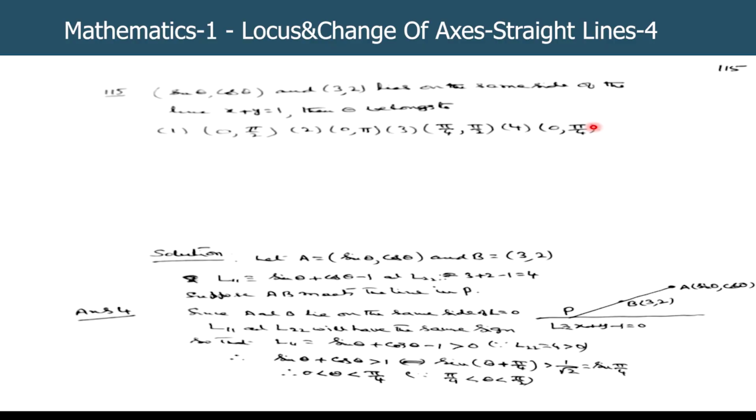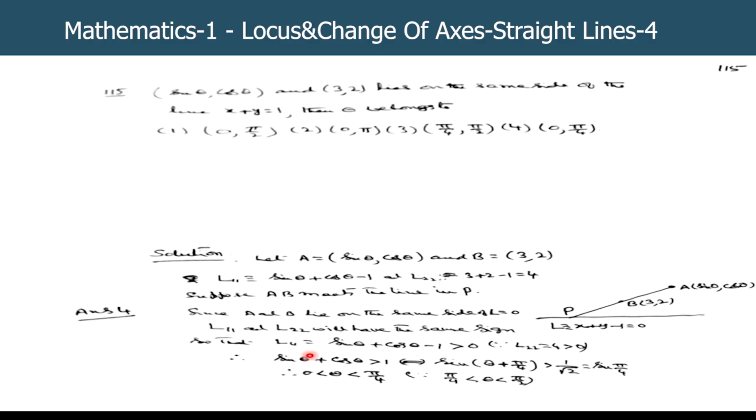Suppose AB meets the line in P. Also, since A and B lie on the same side of L equal to 0, L11 and L22 will have the same sign. Same side, same sign. Opposite sign, opposite sides. L22 is positive, because L22 is 4.